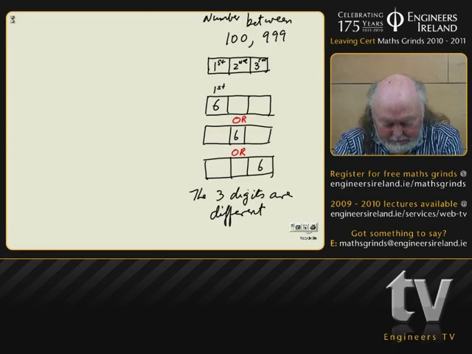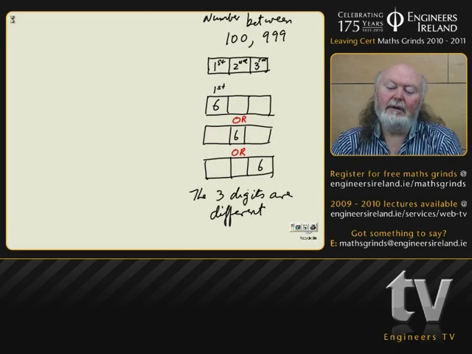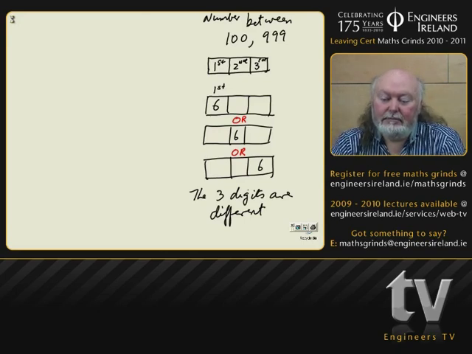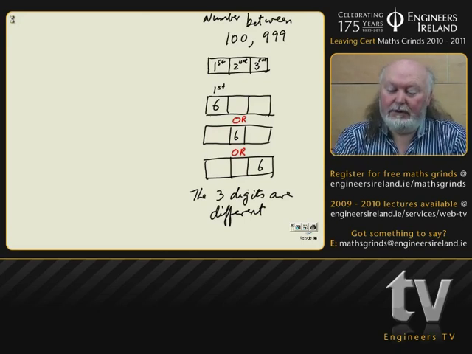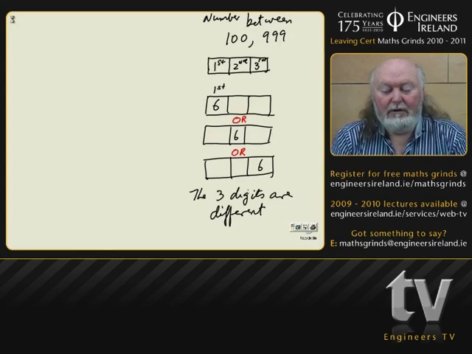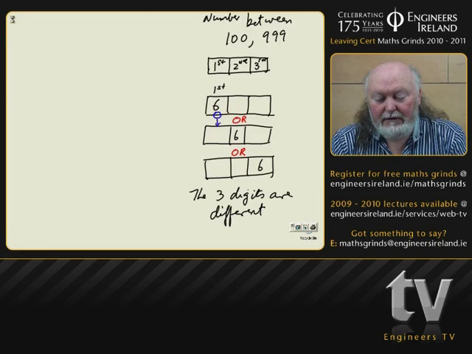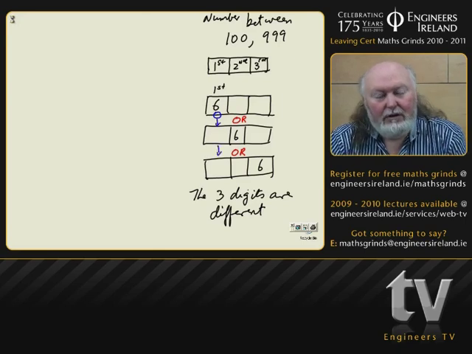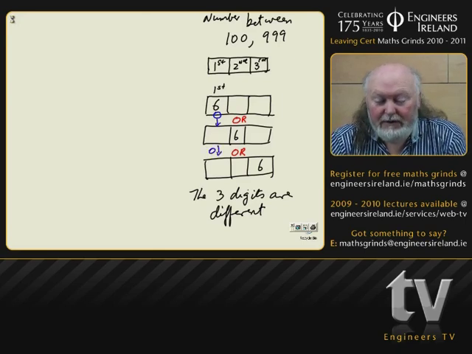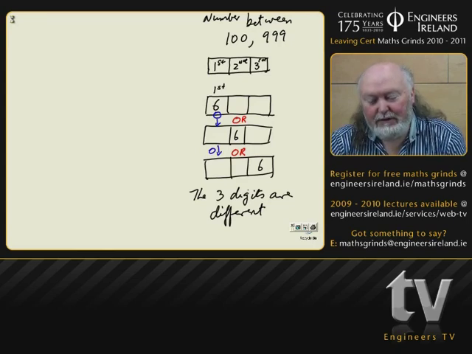So, the other thing we know is if in the first position we had 0 in here, well, now our number is not between 100 and 999. So that's something that's not allowed to us. That would interfere in this condition and in this one here. If there's a 6 in the beginning, we don't need to worry about it. With a 0 in the beginning, not a chance, because you're outside the range.